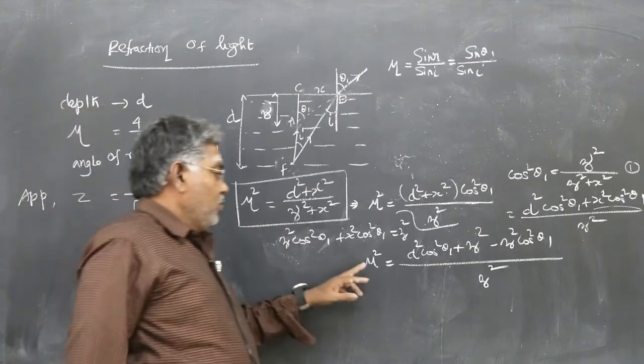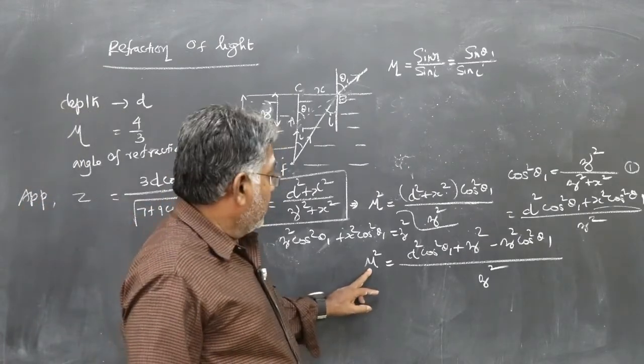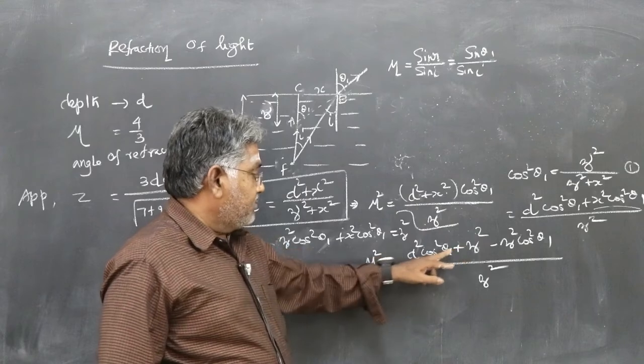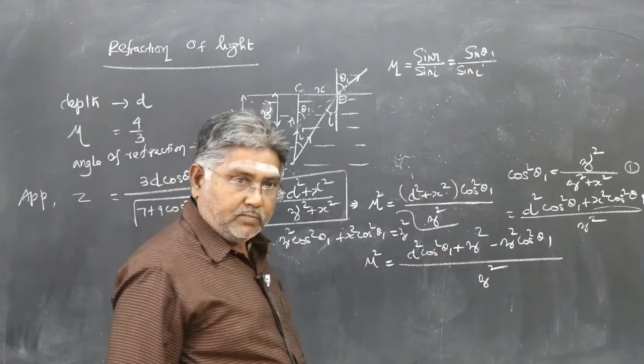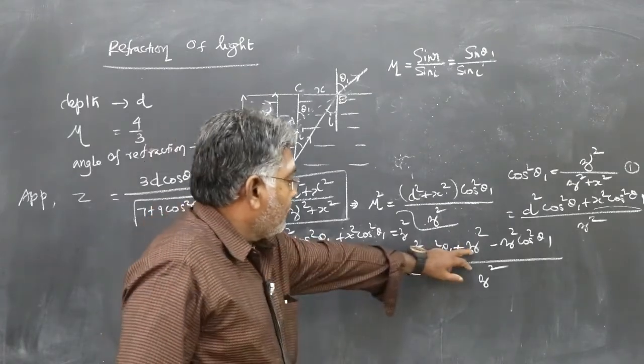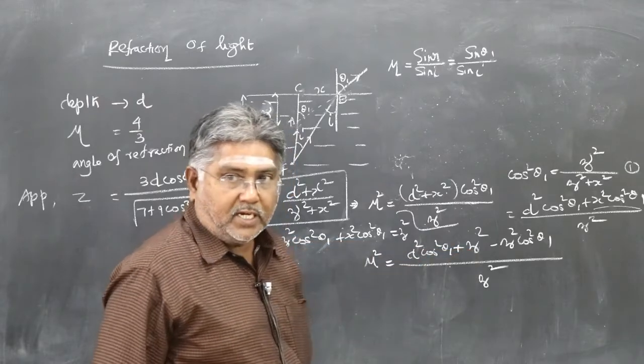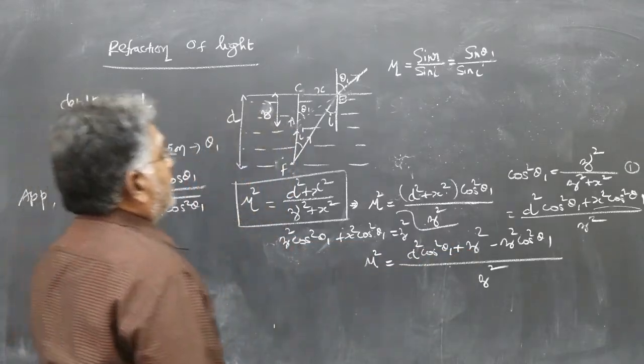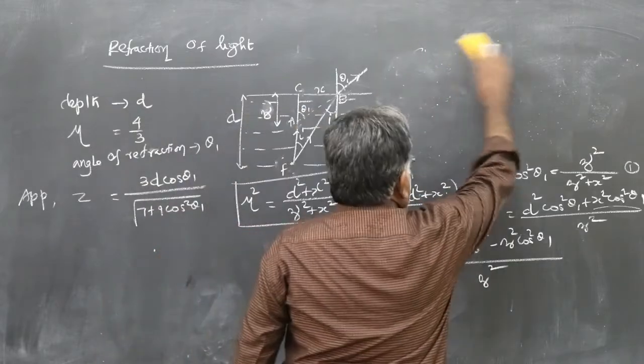Now you can substitute mu as 4 by 3, d real depth, z apparent depth, theta 1 angle of refraction. So you have to solve for z square, eliminate z, and you will get the answer. We will just see how to eliminate it.